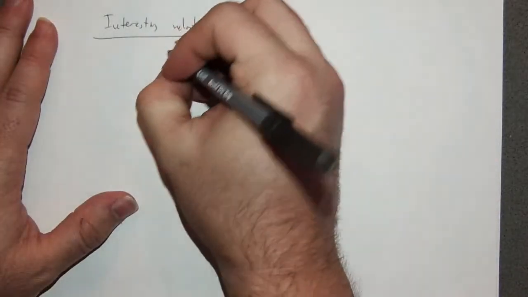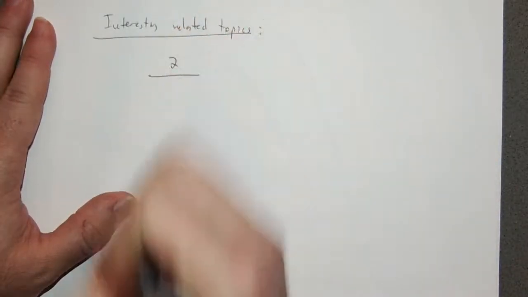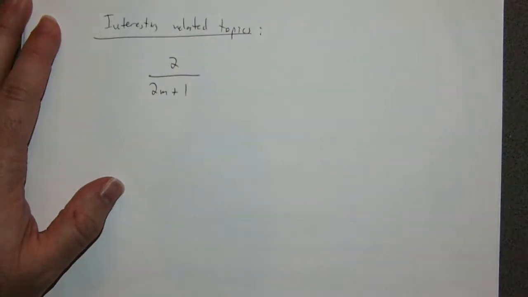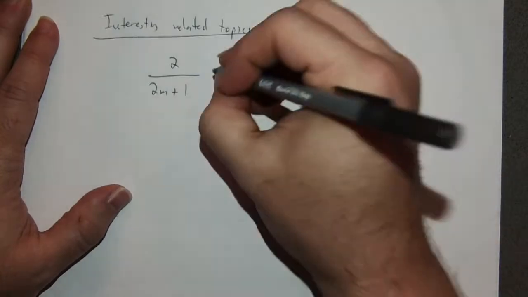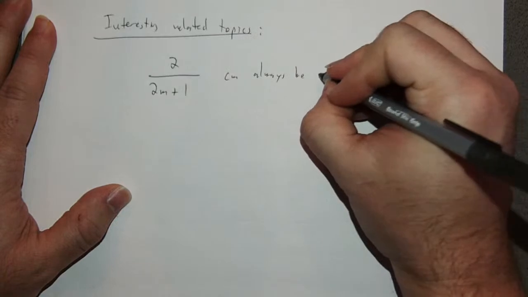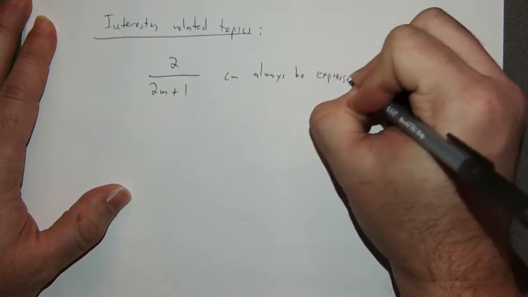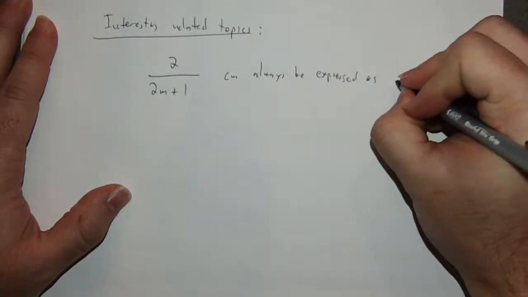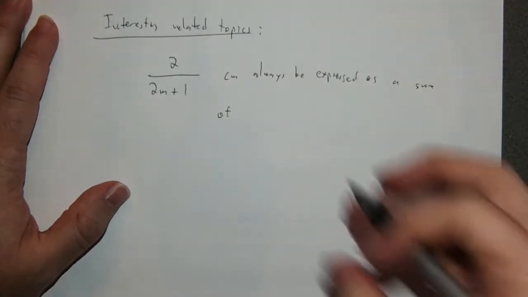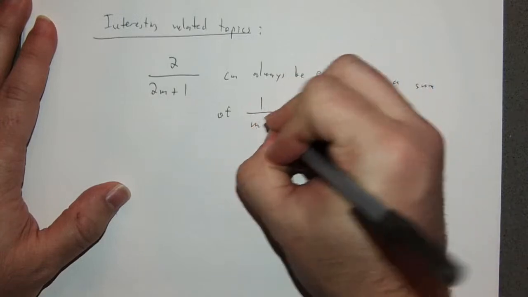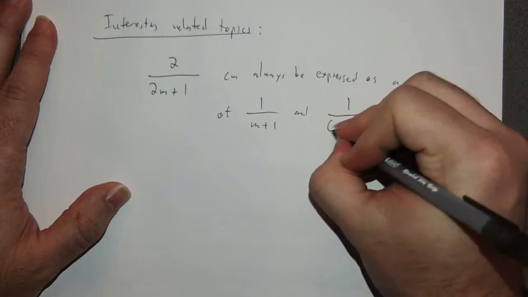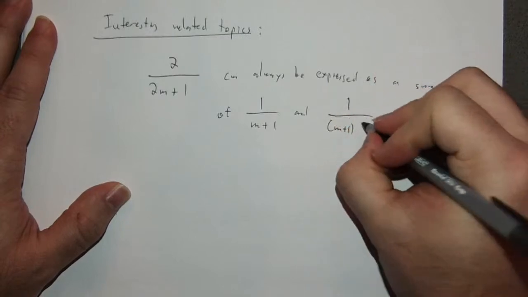So in fact, 2 over 2m plus 1, so 2 over an odd number, can always be expressed as a sum of the unit fractions 1 over m plus 1 and 1 over m plus 1 times 2m plus 1.